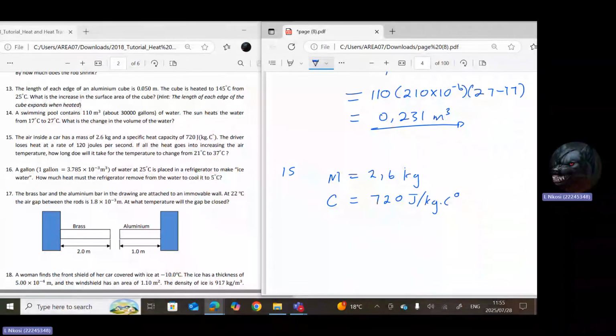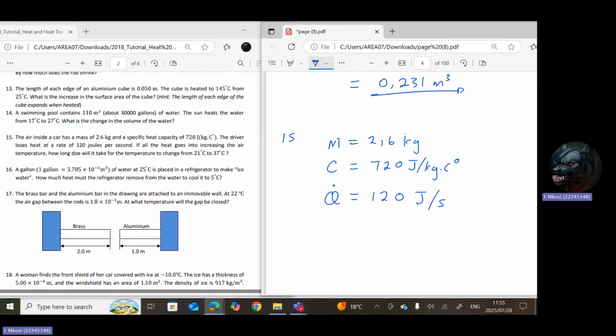The driver loses heat at a rate of 120 joules per second. If all the heat goes into increasing the air temperature, how long does it take the temperature to change from 21 to 37, the temperature change of 37 minus 21?